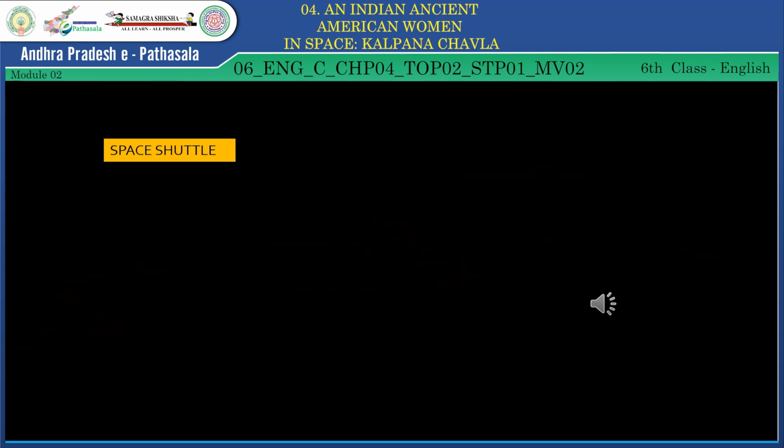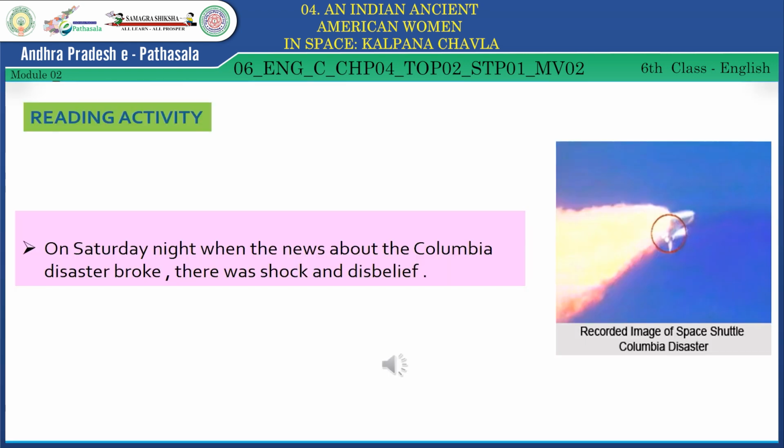Here is one more reading activity for you. On Saturday night, when the news about the Columbia disaster broke, there was shock and disbelief. That means the Space Shuttle Columbia disaster took place on Saturday night and the people were in shock and they didn't believe the incident.